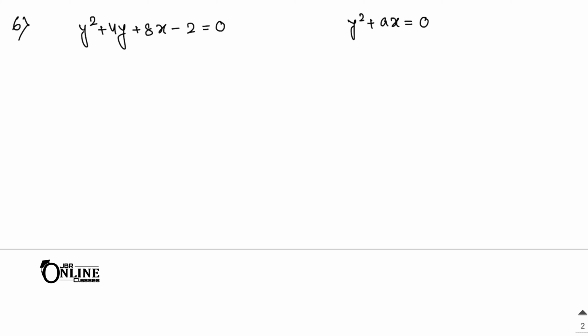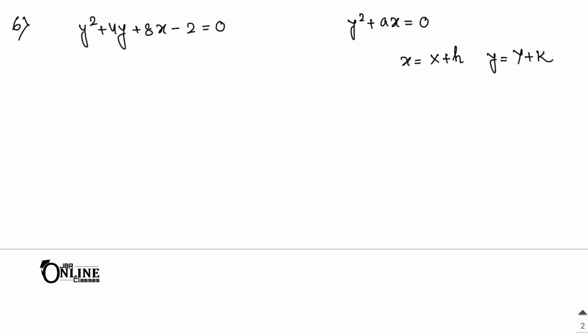So first, again the same thing: let the origin be shifted to the point (h, k) with axes remaining parallel to the original axes. If the coordinates x, y of any point on the given curve change to capital X, Y, then you know that x equals capital X plus h and small y equals capital Y plus k.